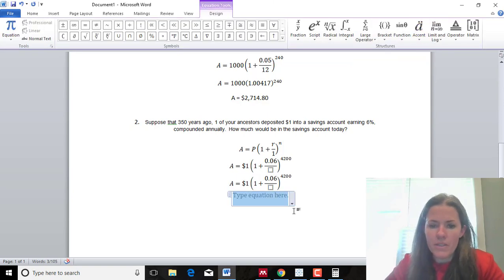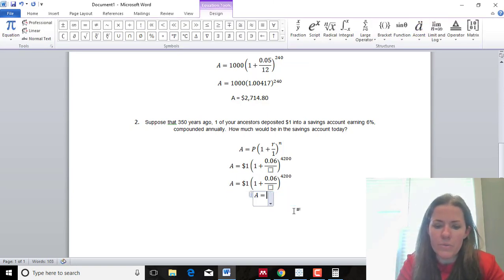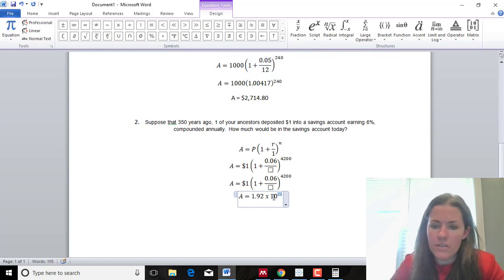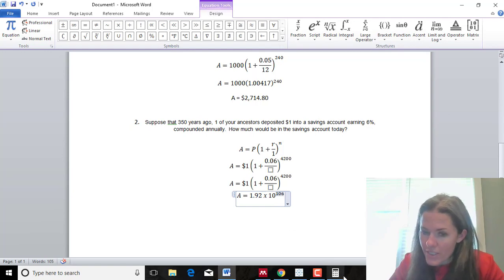Insert equation. So A equals 1.92 times 10 to the, what was that number? 106. You don't see that 10 to the 106 in my scientific calculator.